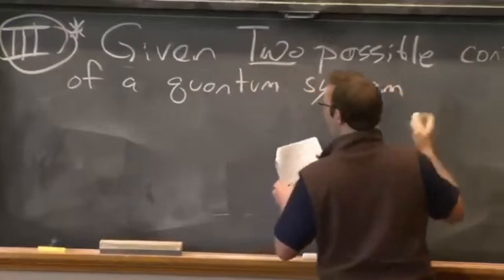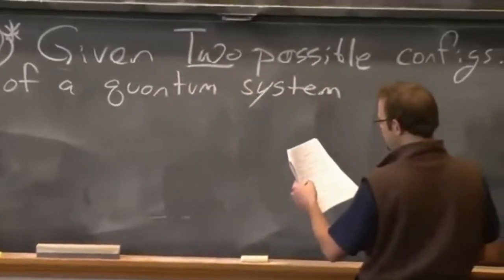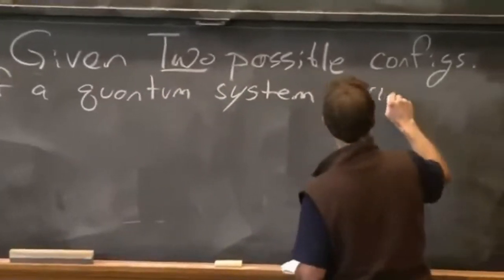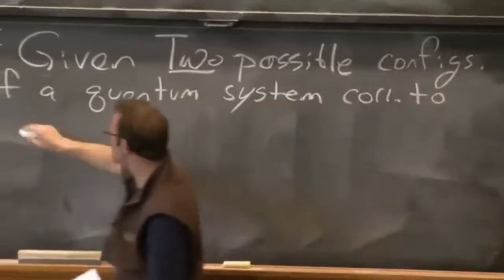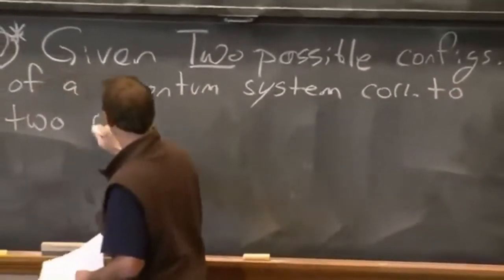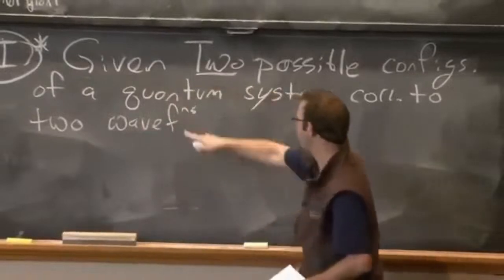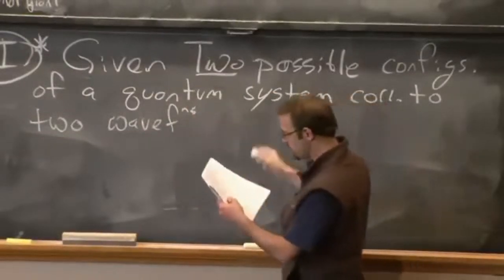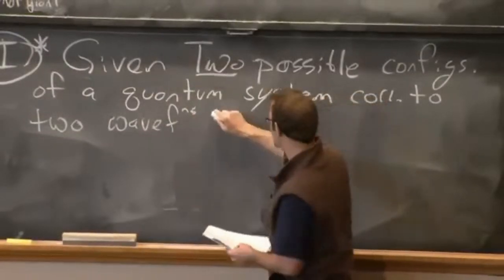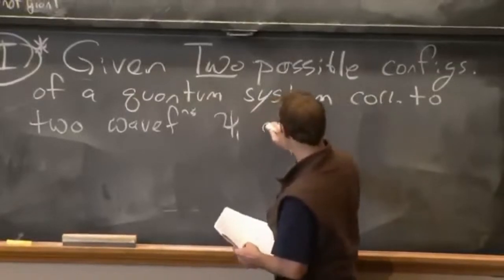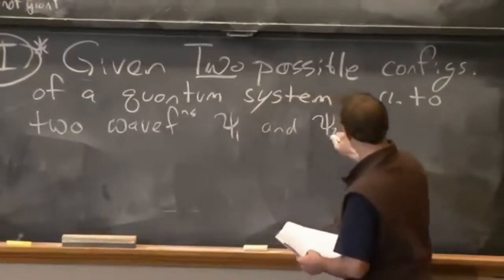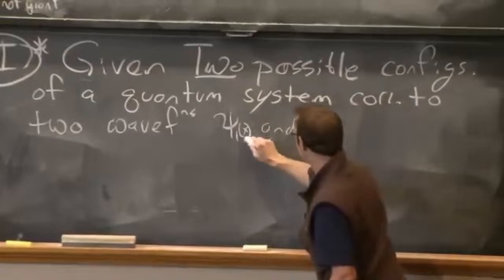So, of a quantum system corresponding to two distinct wave functions, f with an upper ns is going to be my notation for functions, because I have to write it a lot, psi1 and psi2, of x.